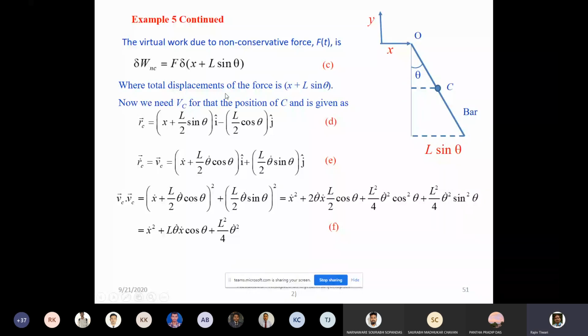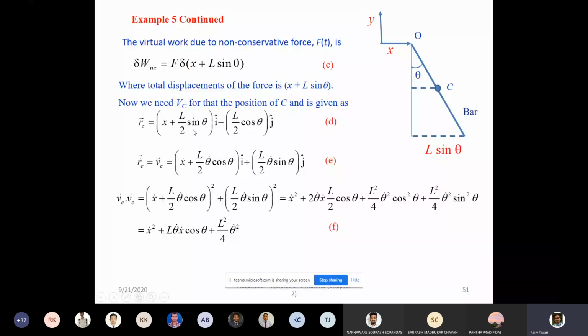So the total displacement of the force will be x plus L sine theta, and variation of that. So this is the virtual work due to the force and the corresponding displacement. So we need to consider the absolute displacement of the free end of the bar. One will be the x displacement due to the car, and then due to swing, this is L sine theta. So this is the total displacement, and variation of that.